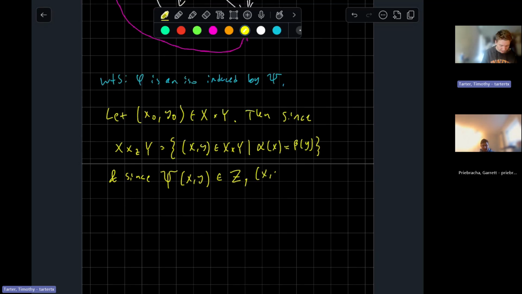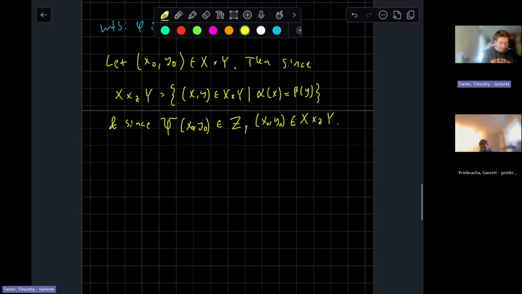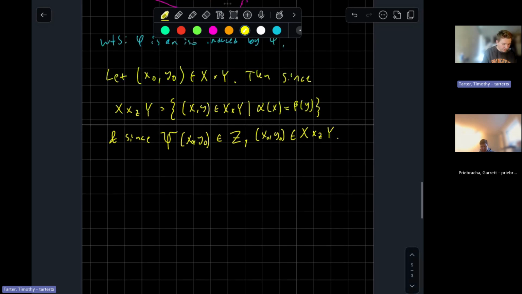The product x naught comma, and I guess this should be x naught and y naught here. The product x naught comma y naught is in the fibered product. And so the conclusion of this is that the fibered product is contained in the product.